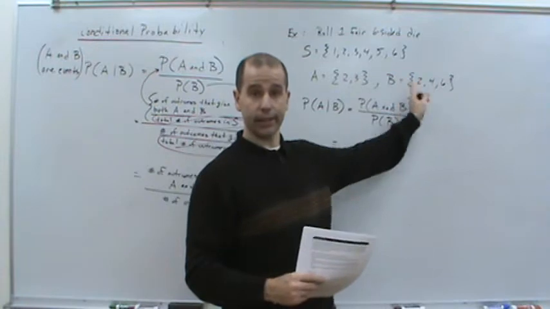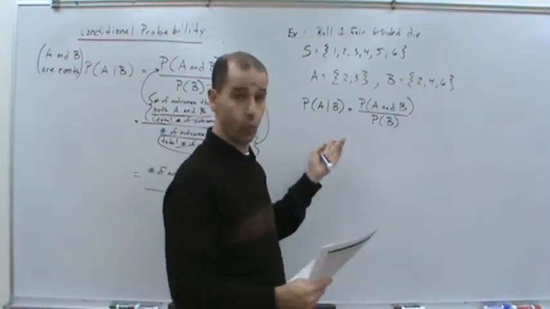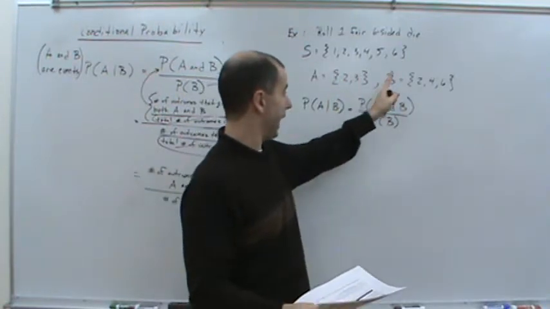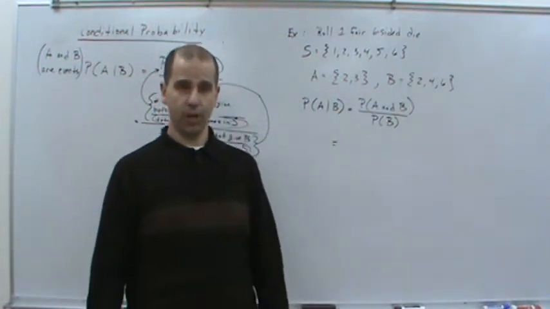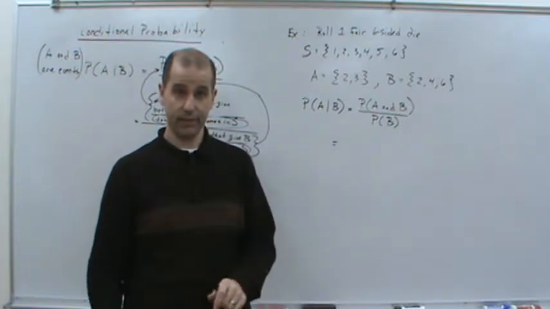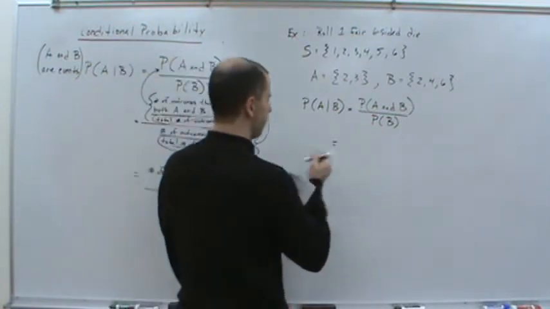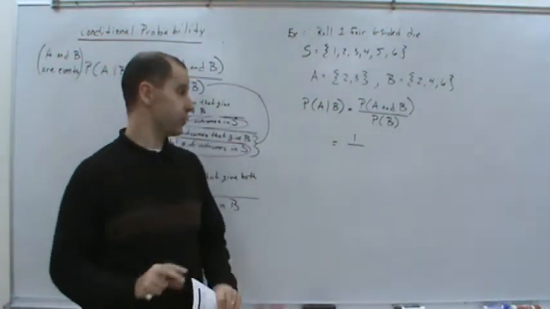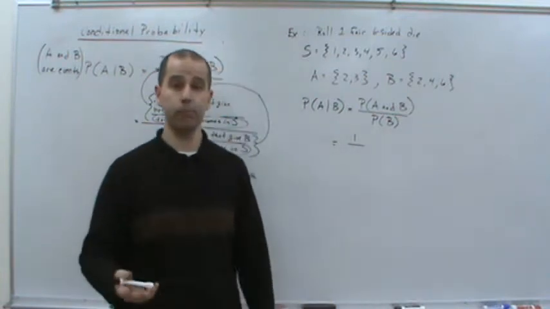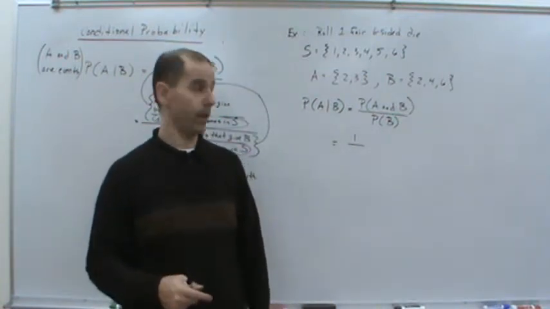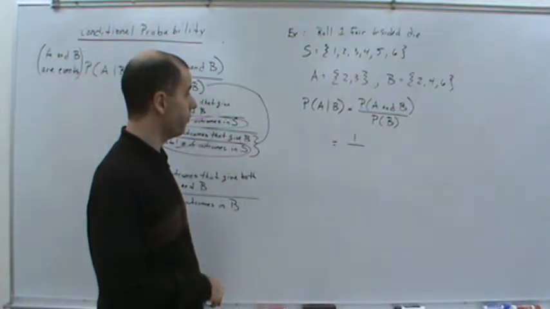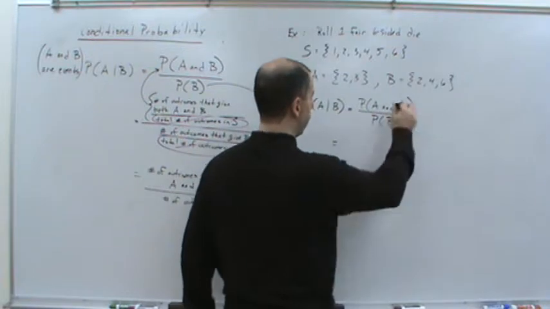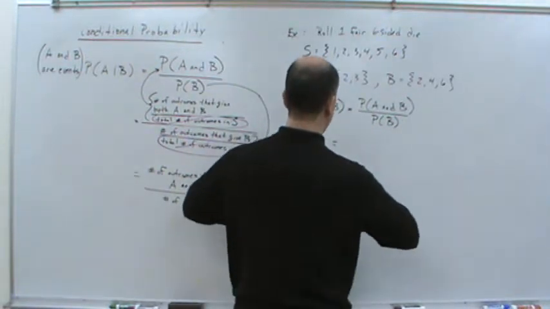Which numbers are in common? There's only one, the 2. If the 2 occurs, then I know A and B has occurred. Does that make sense? So the top number is going to be 1. Now let's do the bottom number. What's the probability of B occurring? Oh, hold on a second. Let me go back. I misspoke. So it's 1, right? So 1.